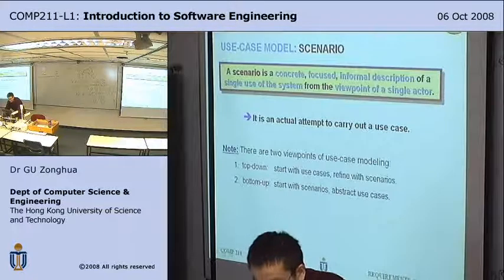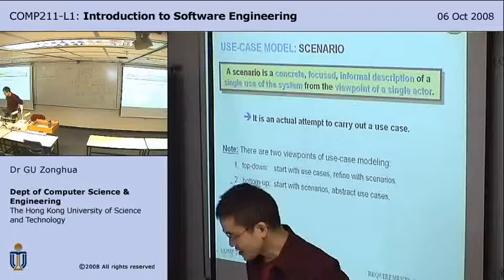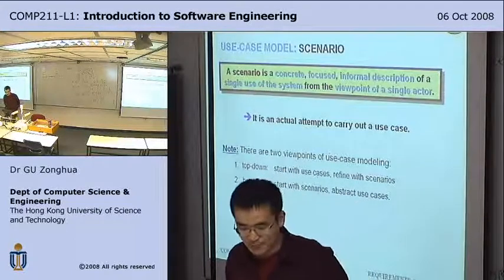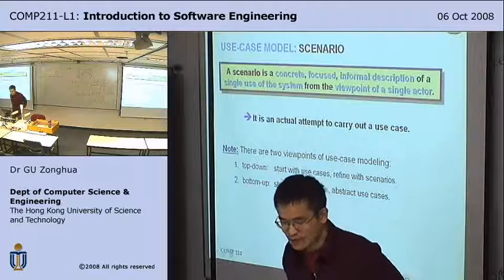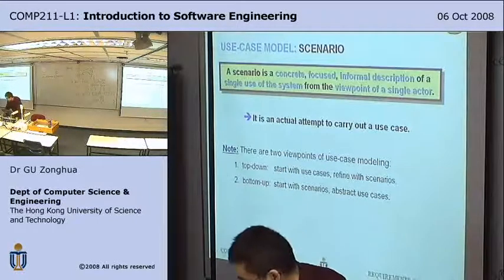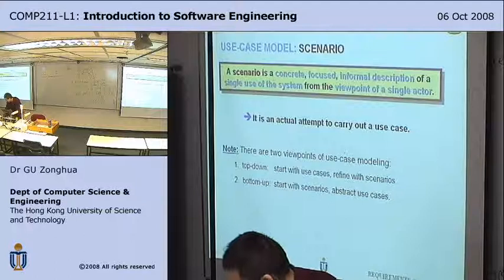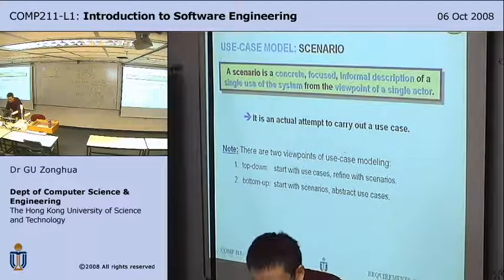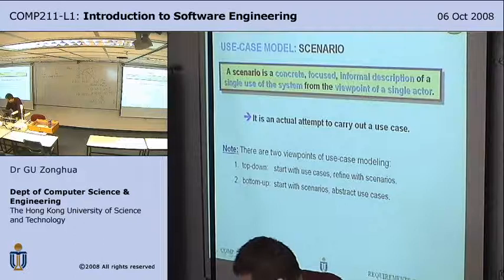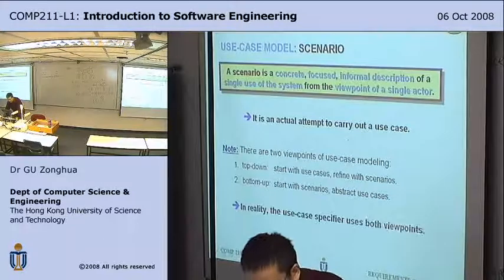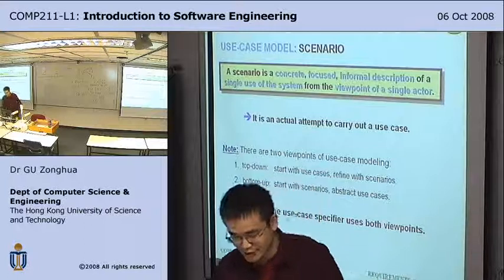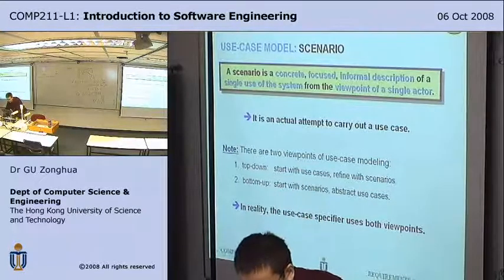So there are two viewpoints of use case modeling. That is, you go top down or bottom up. Top down is when you start with use cases and refine with scenarios. Bottom up is when you start with scenarios and abstract into use cases. In reality, the use case specifier, the person who is responsible for the use cases, uses both viewpoints.